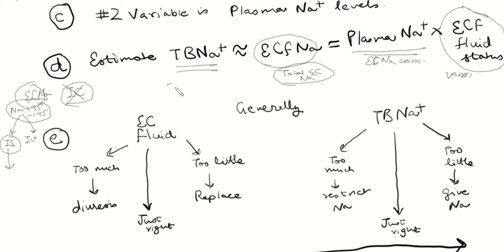Now I have two variables. Let's go through this. We have the extracellular fluid, so we assess that, and we were able to assess our total body sodium. How did we do that? We got the plasma sodium, and we multiplied that by our fluid status, which is extracellular fluid status.